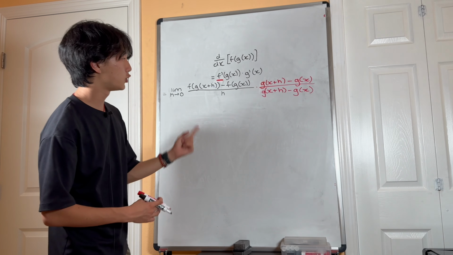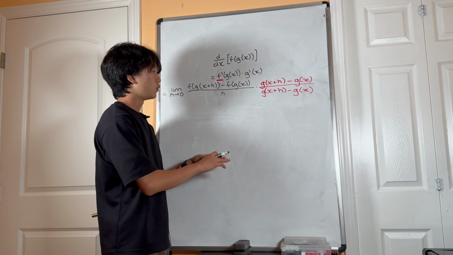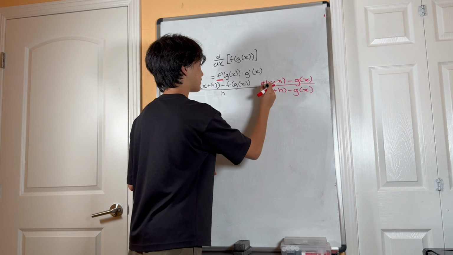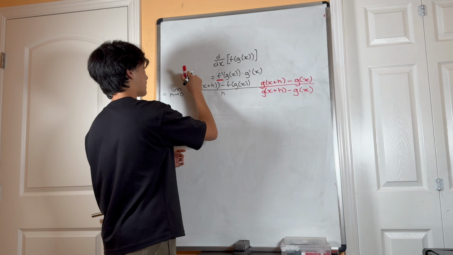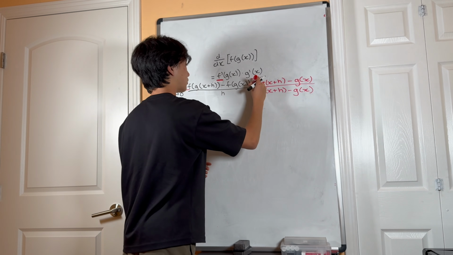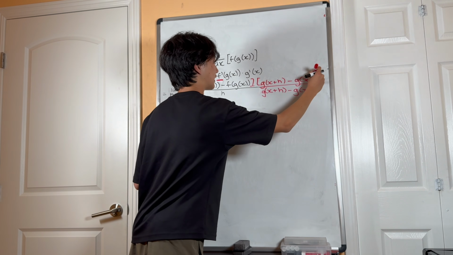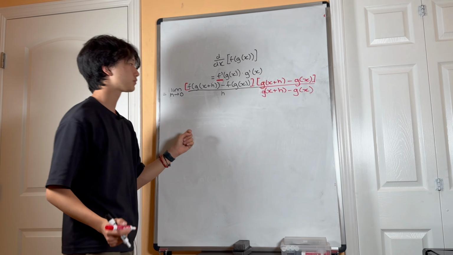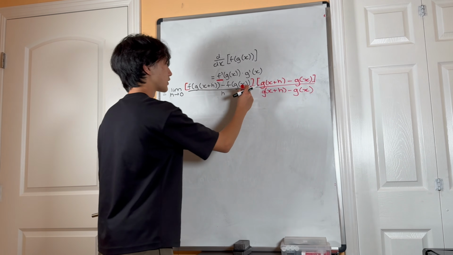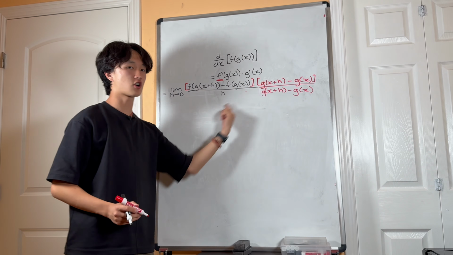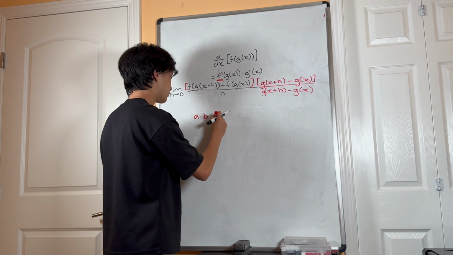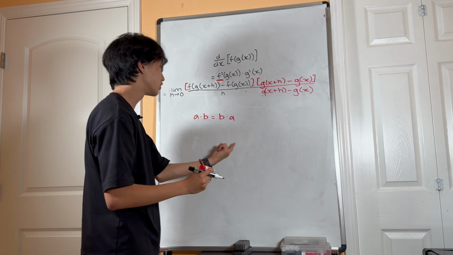Okay, now we're going to do a quick swap. We can combine these fractions, right? If we combine these fractions, well, first we have to put this in brackets, and we have to put this in brackets too, because these are two things that are multiplying with each other. The second thing is, notice how the denominators are going to multiply. Well, if you remember, a times b is equal to b times a. It doesn't matter what order you multiply in.